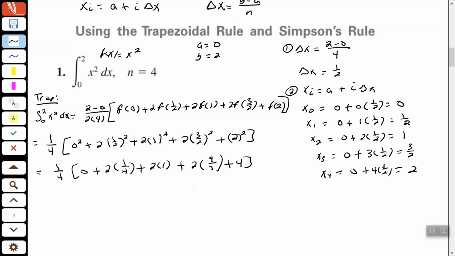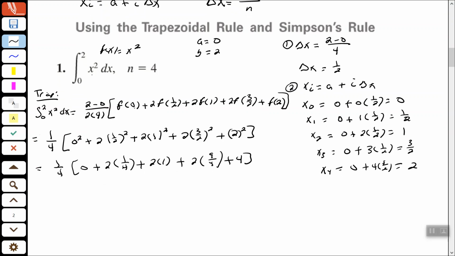If you calculate that and multiply times 1/4, you should come out with approximately 2.75 as our integration value.